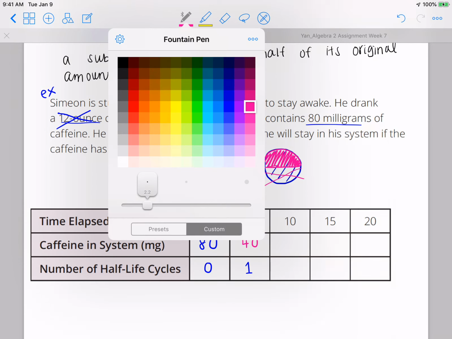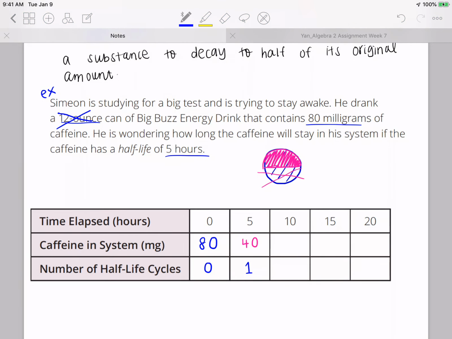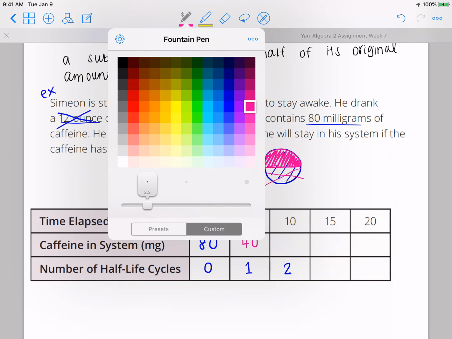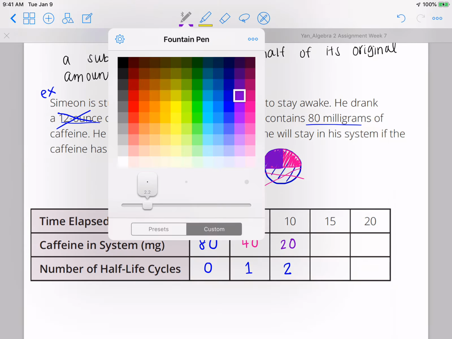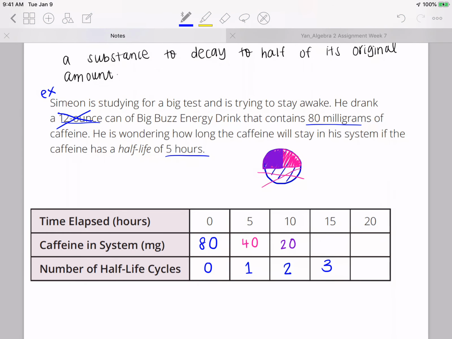Okay, and then after another cycle, which is the second cycle, how much caffeine would he have left? After another 5 hours, we would take half of this. So half of this part now would be 20. Next cycle, we're only going to take half of that, so we are now left with 10.